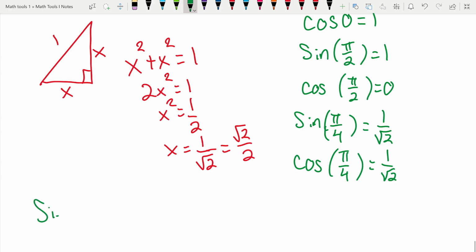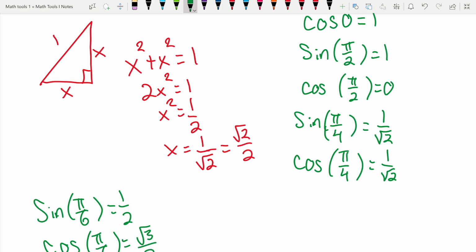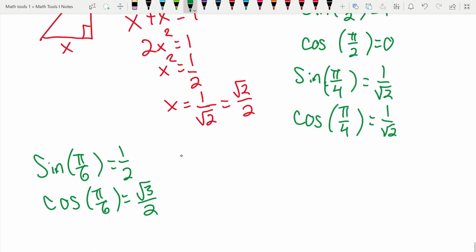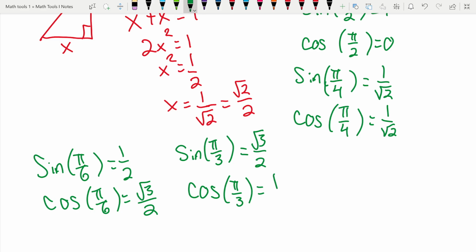But sine of pi over 6 is equal to 1/2, and cosine of pi over 6 is equal to square root of 3 over 2. And pi over 3 is the opposite. Sine of pi over 3 is equal to square root of 3 over 2, and cosine of pi over 3 is equal to 1/2.